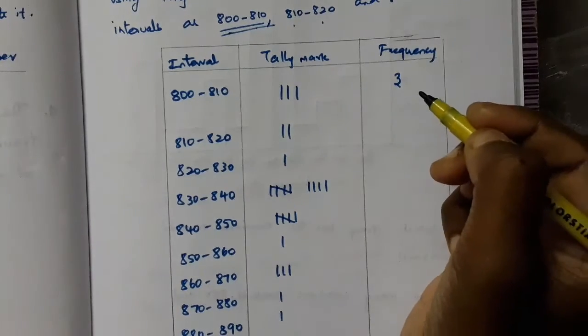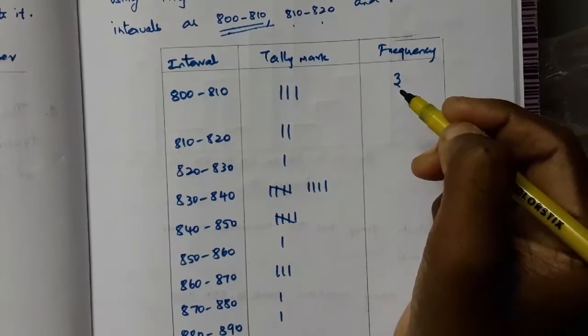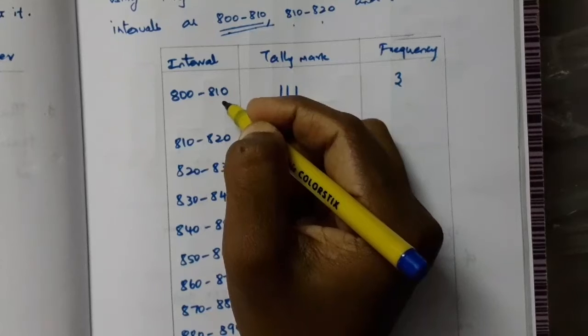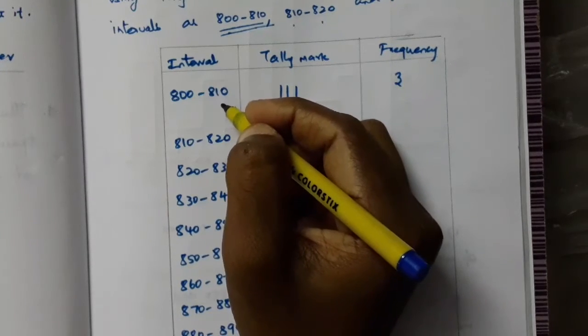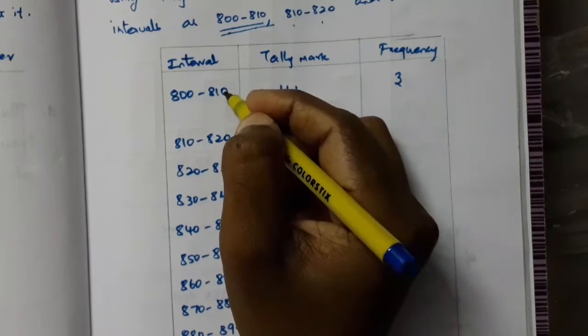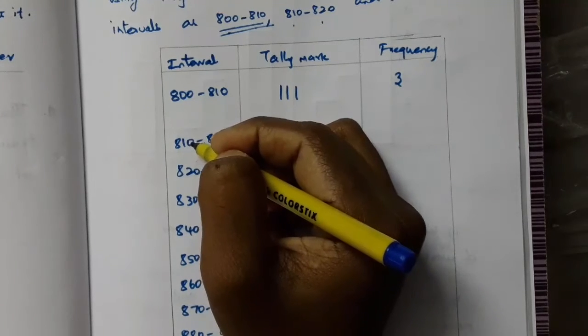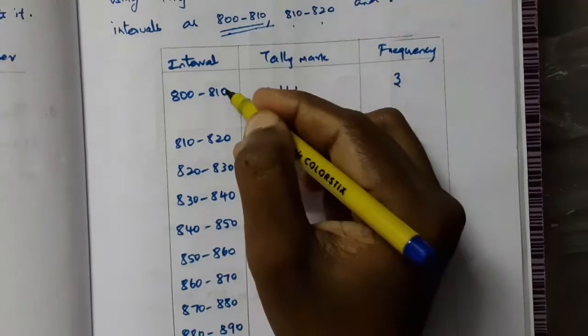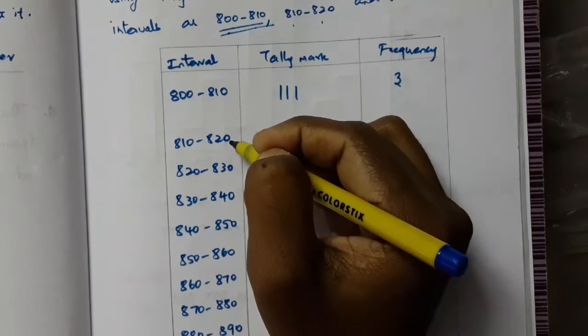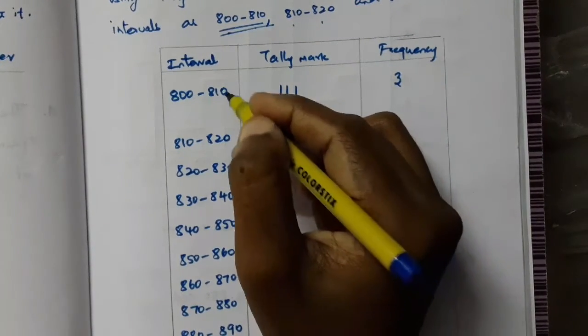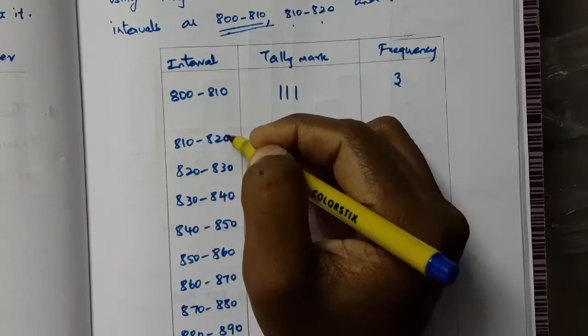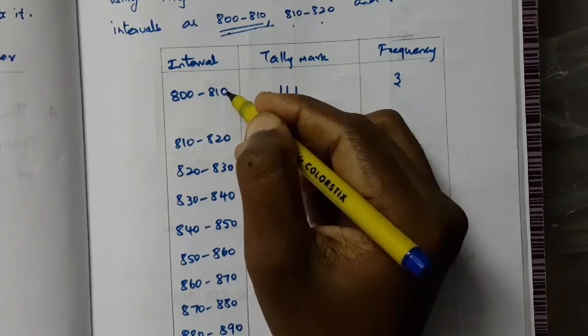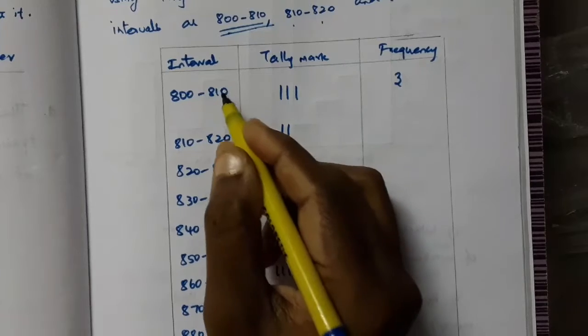So again I am repeating. Suppose a person is earning 810 rupees. Okay, so you may have a doubt whether to count it here or here. Suppose a person is earning 800 rupees, whether to count that person in this row or in this row. So always you have to count it in the row of the higher limit. Suppose it is 810, you have to count it here, not here.